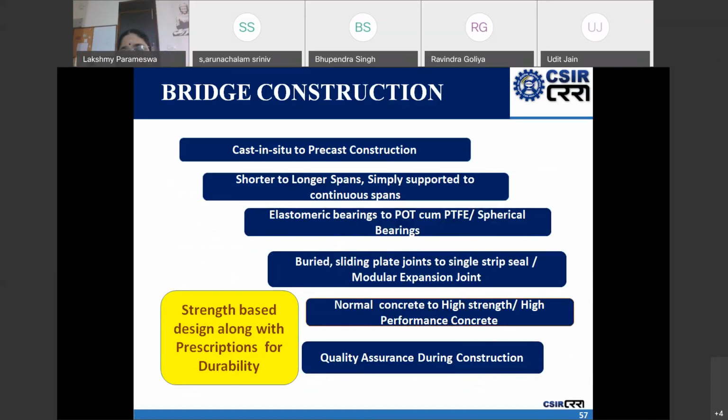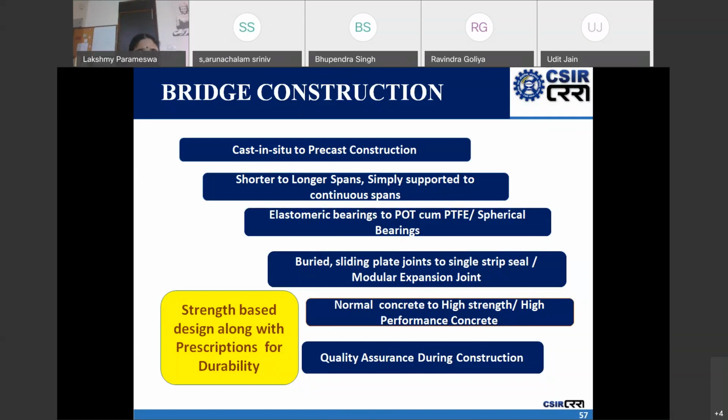So overall, what are the developments? If I summarize, earlier we used to have cast in situ construction with a lot of delays, and now we are able to accelerate the construction with the help of precast construction. Shorter to longer spans, simply supported to continuous spans, elastomeric bearing to pot PTFE or spherical bearing, buried sliding plate joints to single strip or modular expansion joints, normal strength concrete to high strength or high performance concrete.